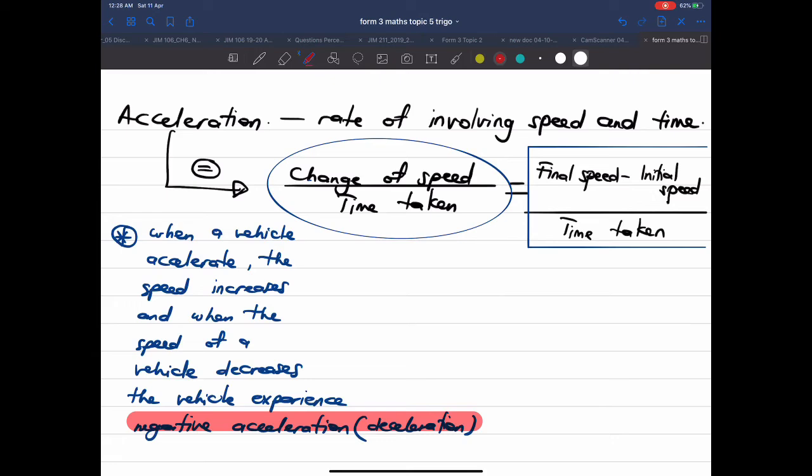Okay, so a small note for you to understand what is deceleration, what happens when the speed decreases, and what happens when the speed increases.